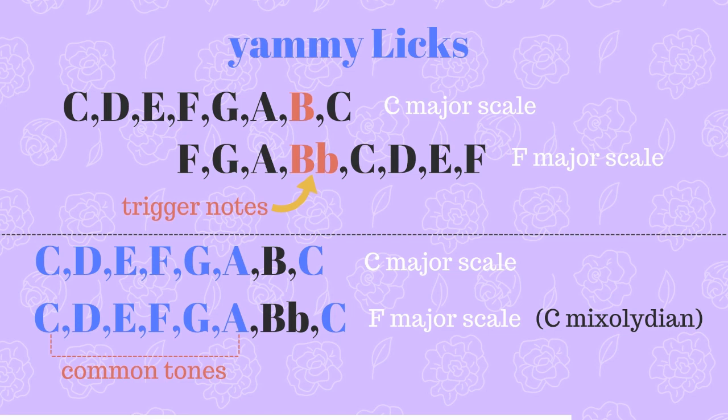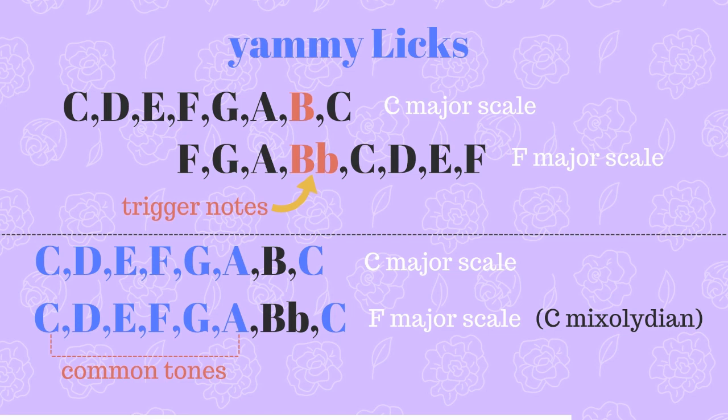Also here we may see why we call it close modulation, because those two scales share so many common tones. Their common tones are 6 in total, and they have only one note of difference, and this is the B natural note for the C major scale and the B flat note for the F major scale. Those two notes are what Jerry Coker calls trigger notes, which make the difference between those two scales.